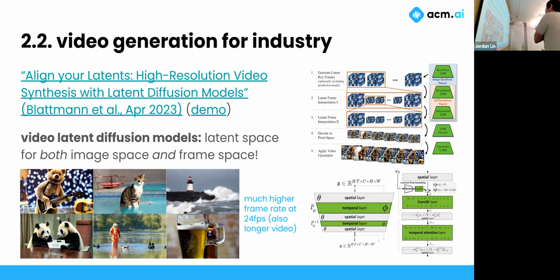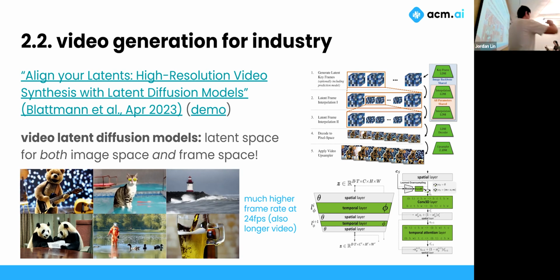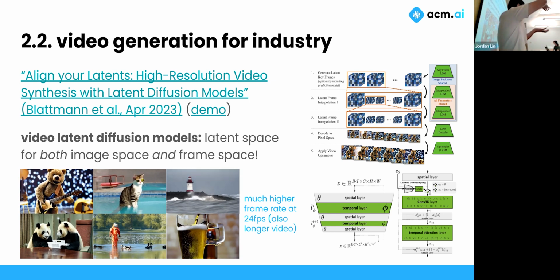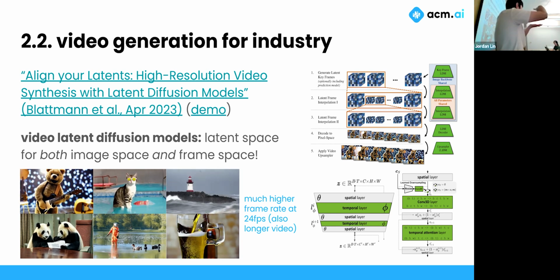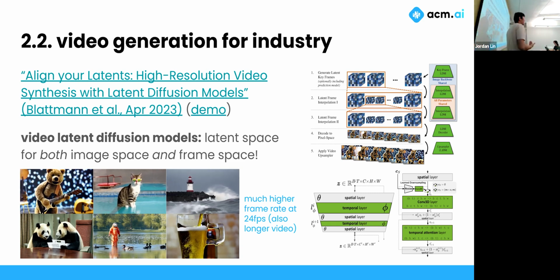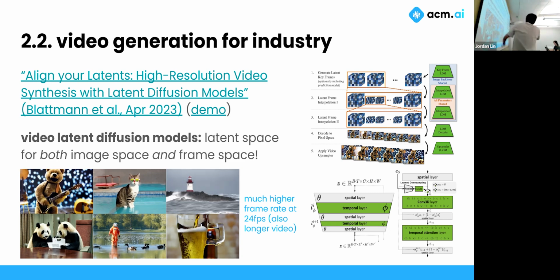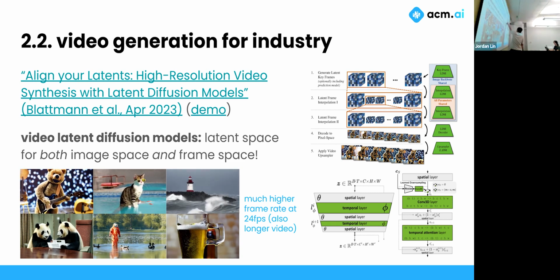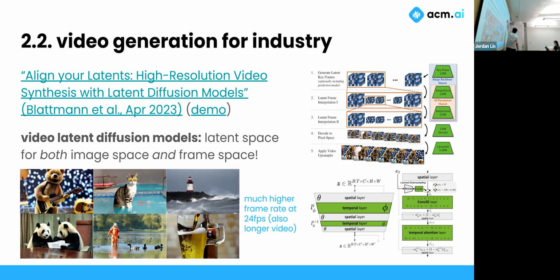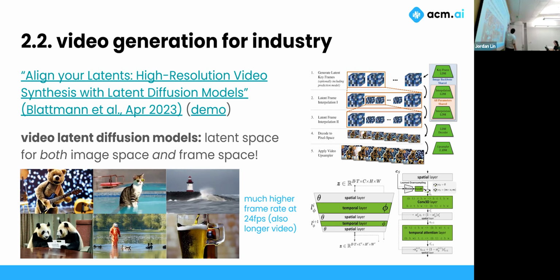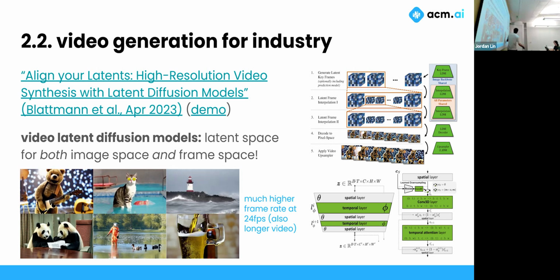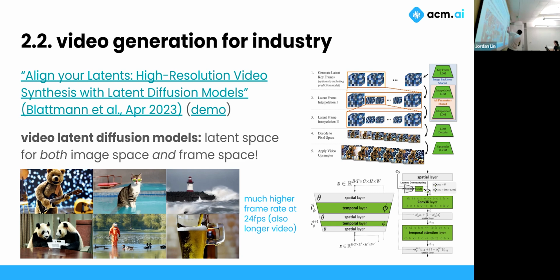The idea is we have this latent space idea for image space, so why not have a latent space idea for time as well? That's what they did. It's a 5-stage process where you first generate your latent keyframes. You do frame interpolation with a model. You do it twice, because why not? You have a model, do it twice. And then you decode it to pixel space with the new decoders.